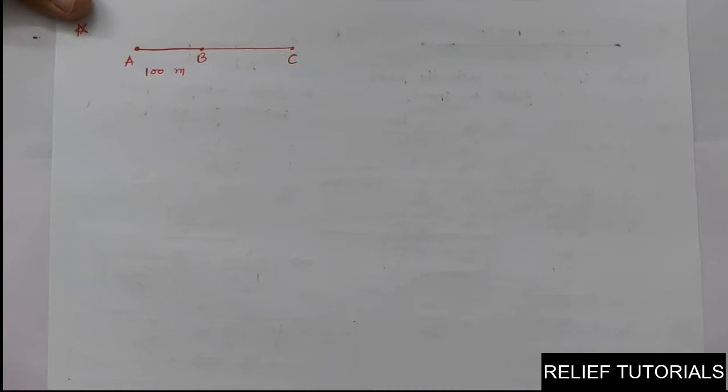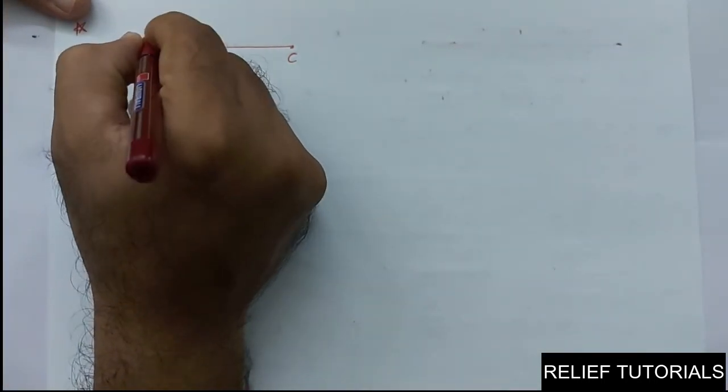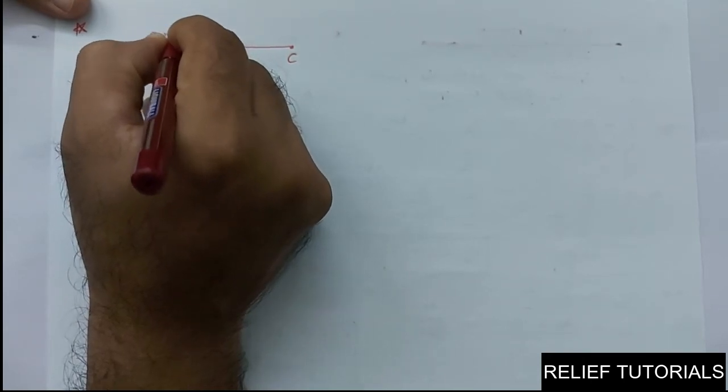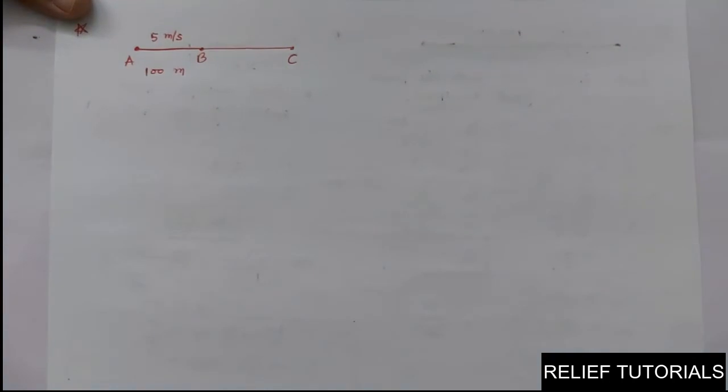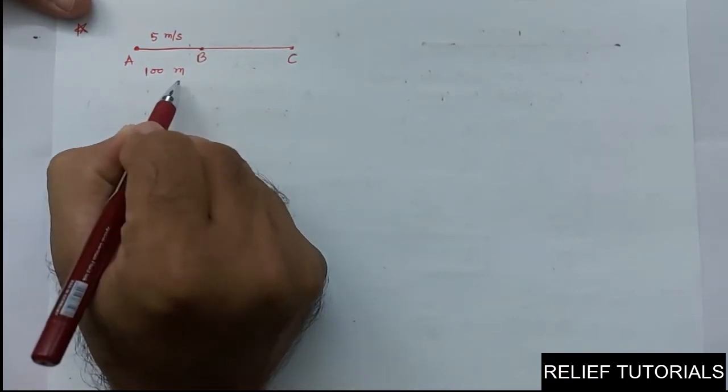One particle is traveling from A to B with the speed of 5 meter per second. Speed is given. The particle is traveling continuously with 5 meter per second speed, and the first part is completed, and that distance is 100 meter.